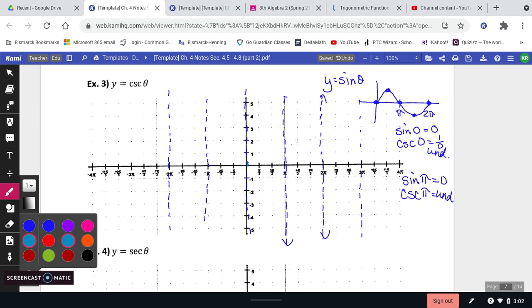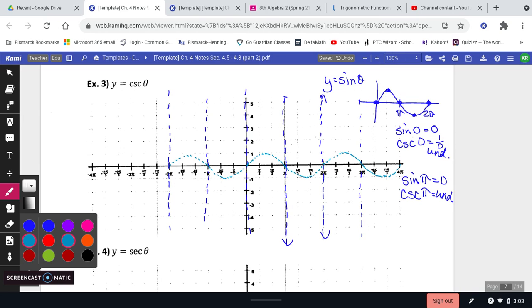My sine curve goes up to 1, comes back down to pi, comes down to -1, goes back up to +1, comes down, and does the same thing over here. Up and down, up and down.